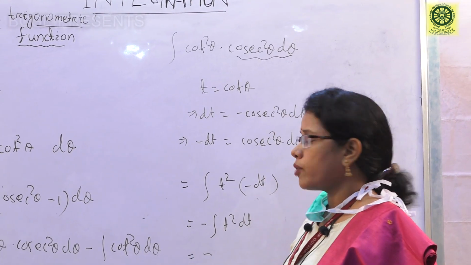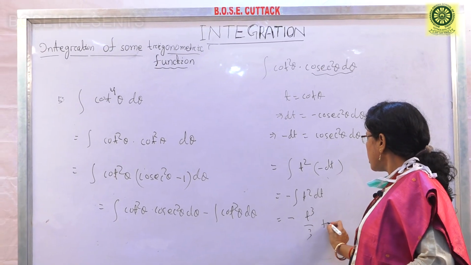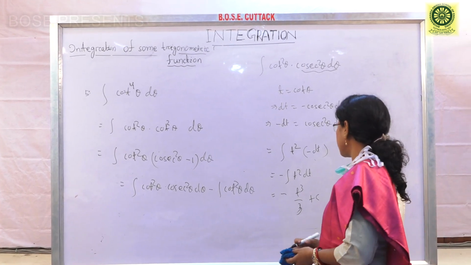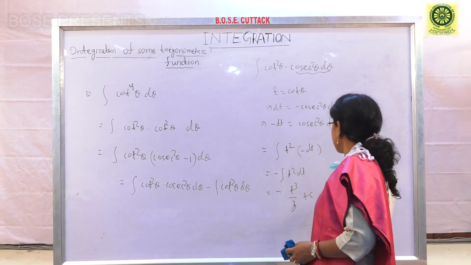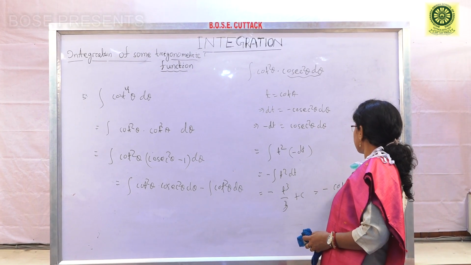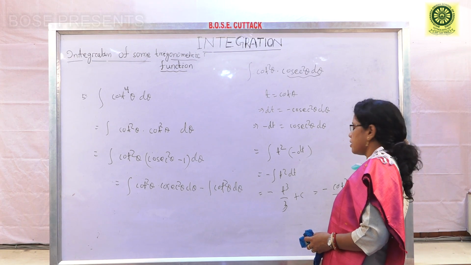That is equal to minus t to the power 3 by 3 plus c. Then just replace this t by cot theta. That implies this is your required integral.